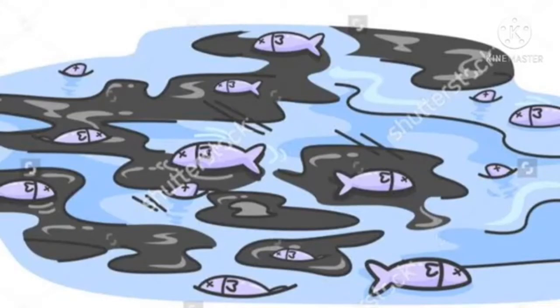Effects of water pollution. Adversely affects aquatic life, including fish, frogs, and aquatic flora, etc. And they disturb food chains, thereby causing ecosystem imbalance.